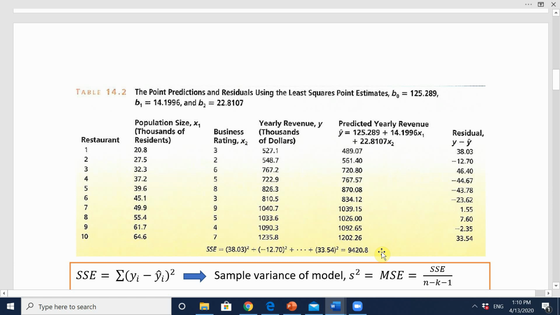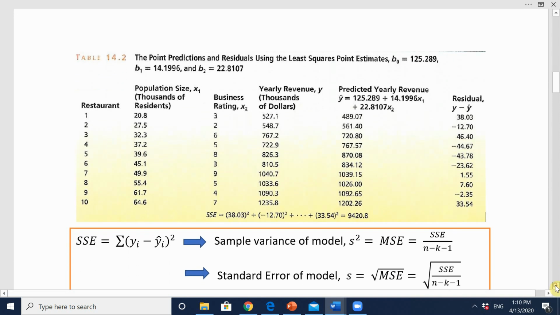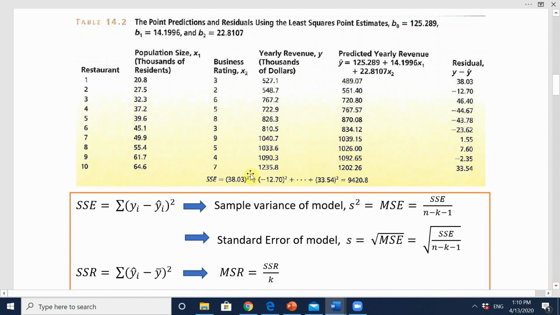Okay, so moving on from that SSE measure that we get, we say that the mean squared residuals over here, so that is by taking the SSE and dividing it by n minus k minus 1, gives me the mean squared residuals or mean squared error measure.